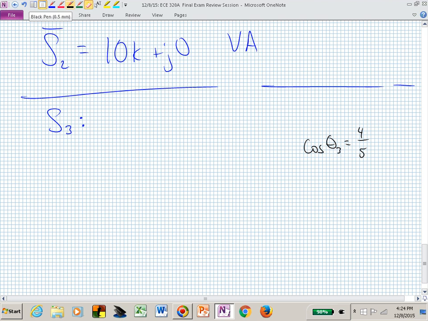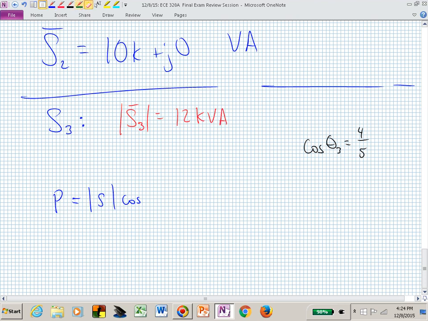So in this case, we know that the magnitude of S sub 3 was given to us to be 12 kVA. What's P1, formula-wise? That's S1 cosine, whoops, this is 3, sorry.